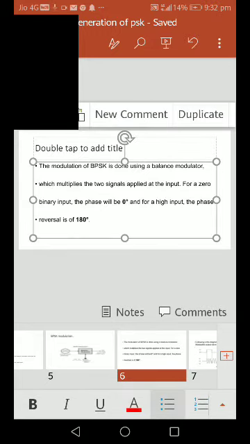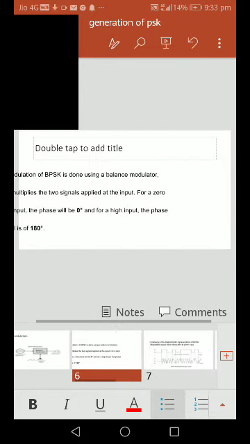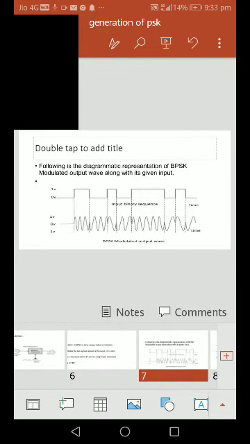For a zero binary input the phase will be 0 degrees, and for a high input the phase reversal is 180 degrees. The following is the diagrammatic representation of the binary phase shift keying modulated output wave along with its input.